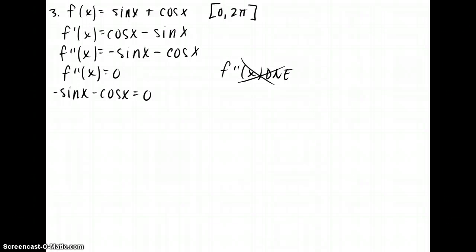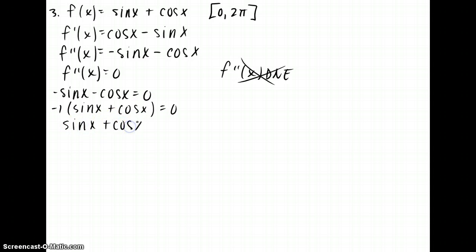Alright, number 3, I did the first and second derivatives. Now here, for those of you that I didn't get to talk to, you get a second derivative of negative sine minus cosine. So I saw that some of you factored out a negative 1. Then you get sine x plus cosine x equals 0.